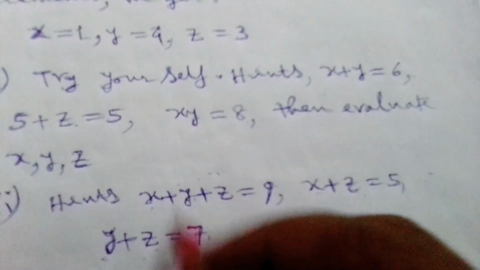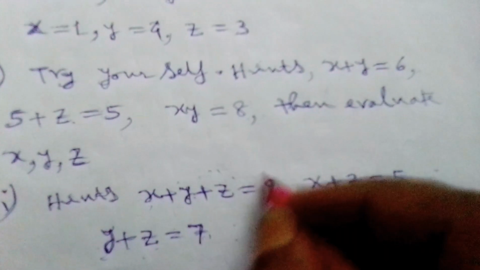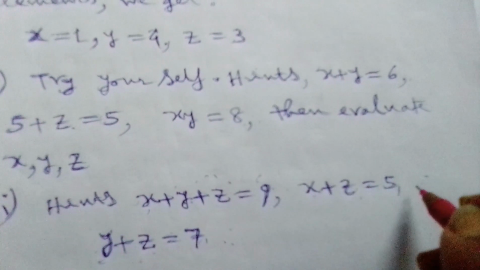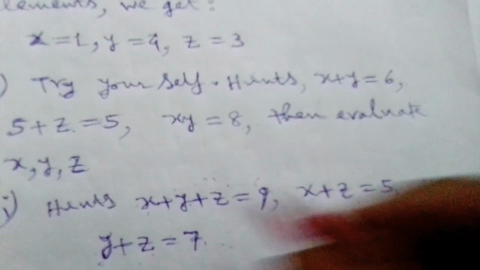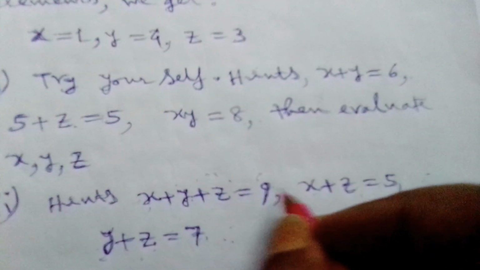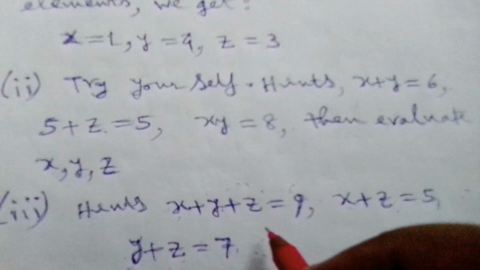And if we subtract y plus z from x plus y plus z, the result will be x is 2, and certainly y is 4, x is 2. We easily find z: 4 plus 2 is 6, so z is 3. This is our result. Try yourself this type of problem.